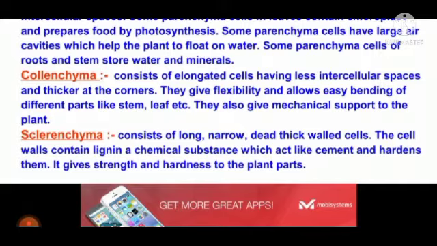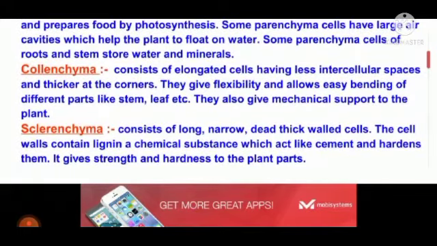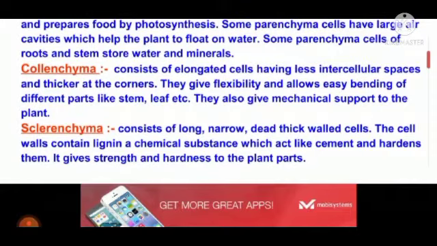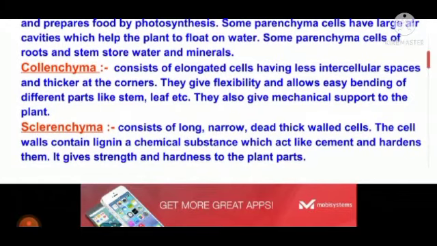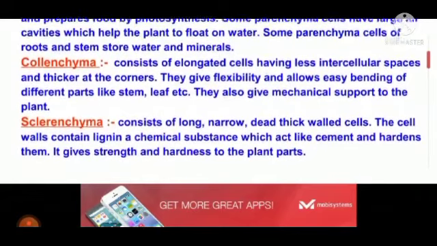It can be simple or complex, living or non-living. Simple permanent tissue are called simple because they are made of one type of cell. Cells of the tissue are structurally and functionally similar.